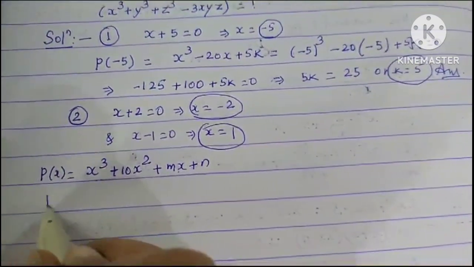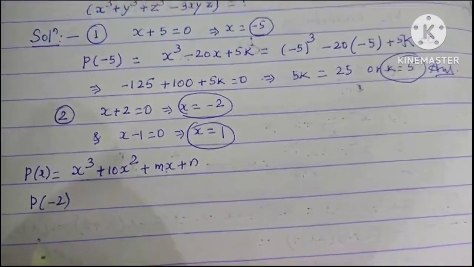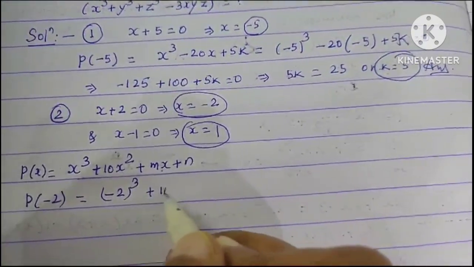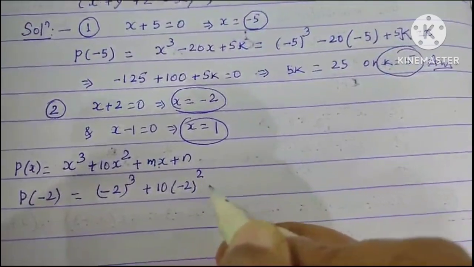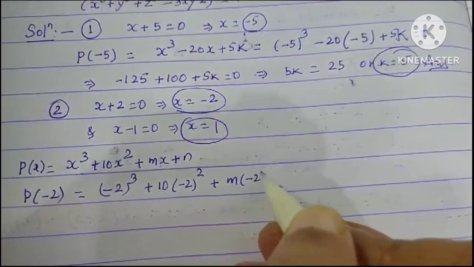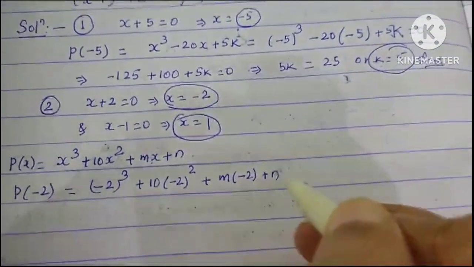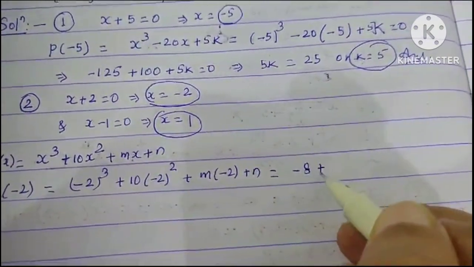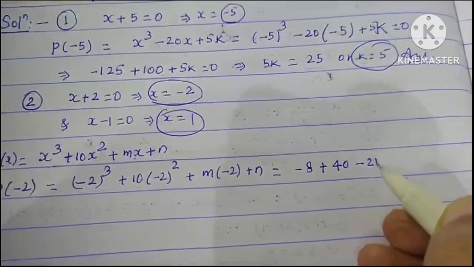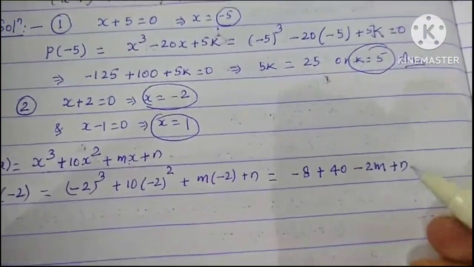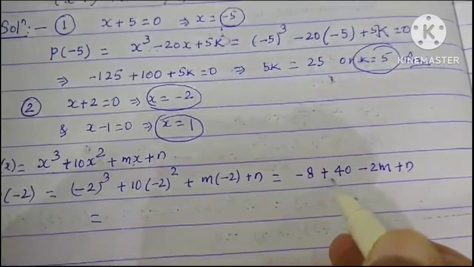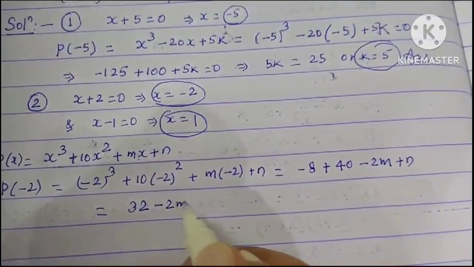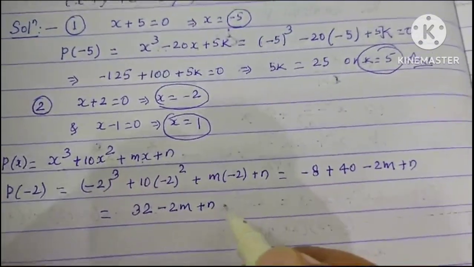We will find first of all p(minus 2). p(minus 2) equal to minus 2 whole cube plus 10 into minus 2 square plus m into minus 2 plus n. We will get minus 8 plus 40 minus 2m plus n, that is equal to 40 minus 8, 32 minus 2m plus n.